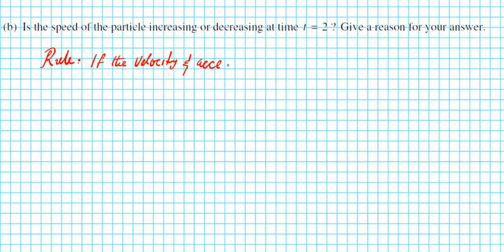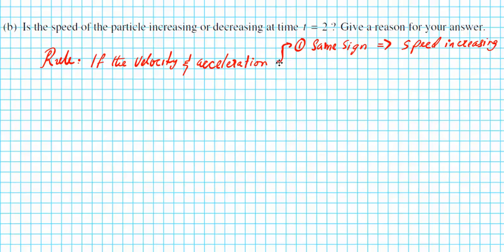If the velocity and acceleration, part 1, if they have the same sign, guess what? It's as though they're working together. So that means that the speed is going to be increasing. If they're both positive, the speed is increasing and the particle is moving in the upward direction.